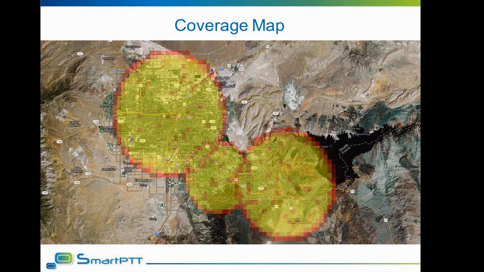The coverage map is drawn in squares with configurable edge size: 100 meters, 1 kilometer, 10 kilometers, or 100 kilometers. Color represents the RSSI level from the subscriber. Green is the best, yellow is the medium, and red is the worst.